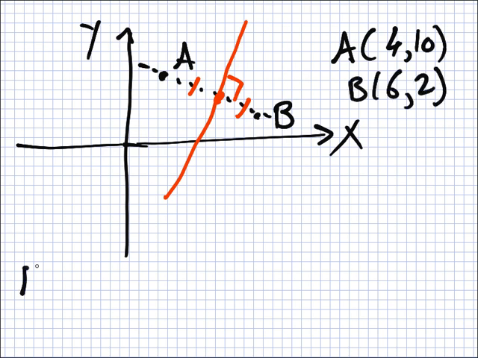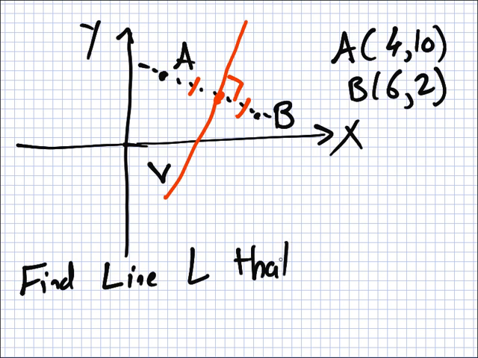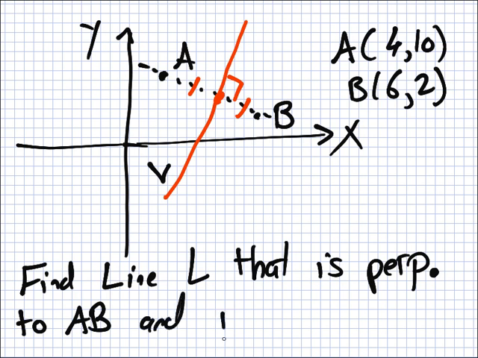And the question is, and this is L. Find line L that is, I'll just write perp for short, perpendicular to AB and passes through.